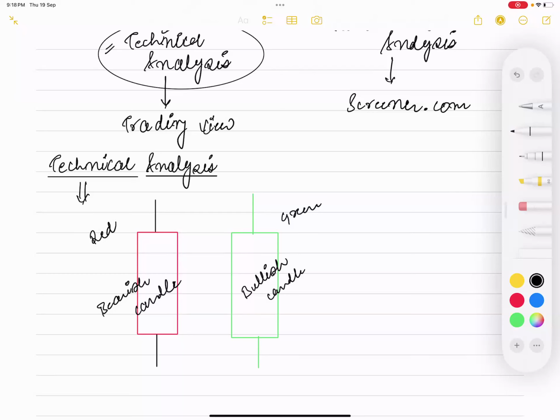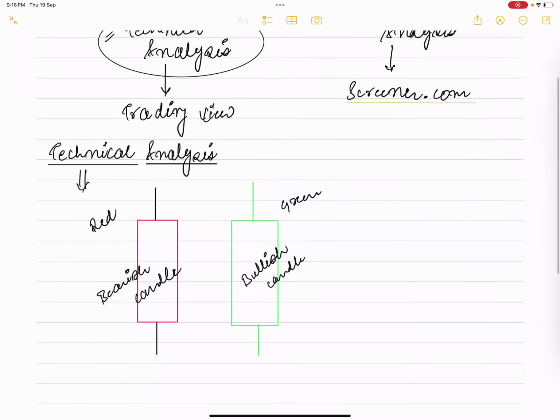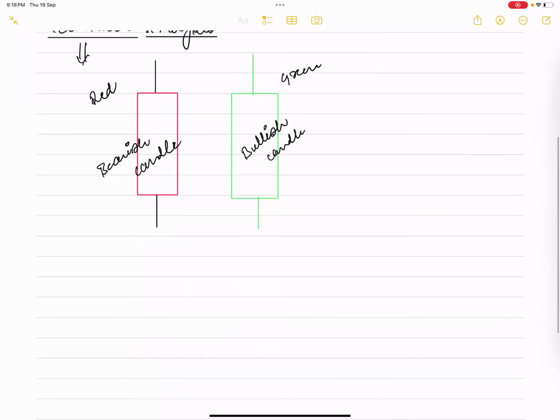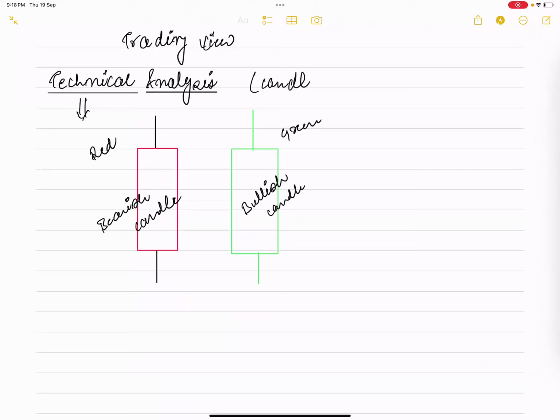Now, as she said, there are different prices. There can be an opening price, there can be a closing price. The most commonly used charting pattern in technical analysis is the candlestick pattern. There can be different things that are used.